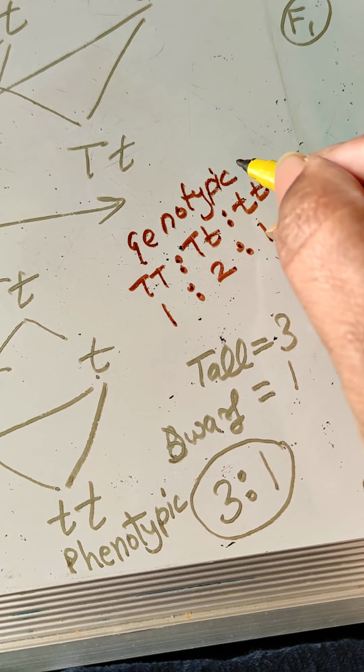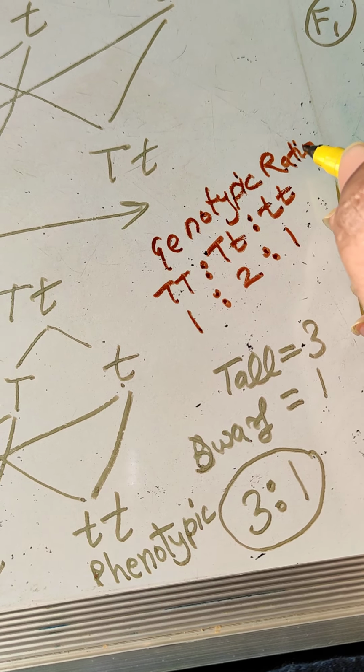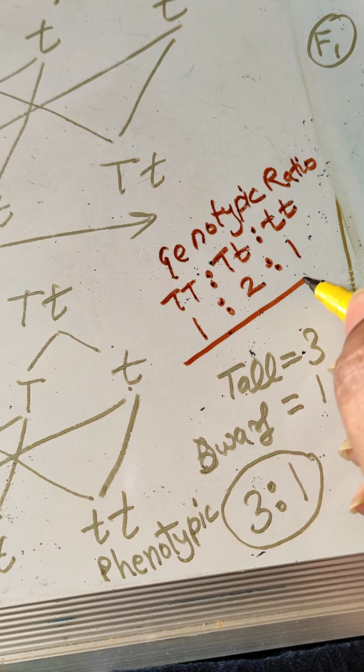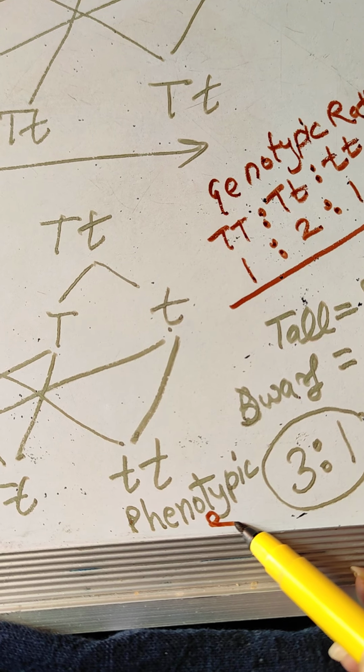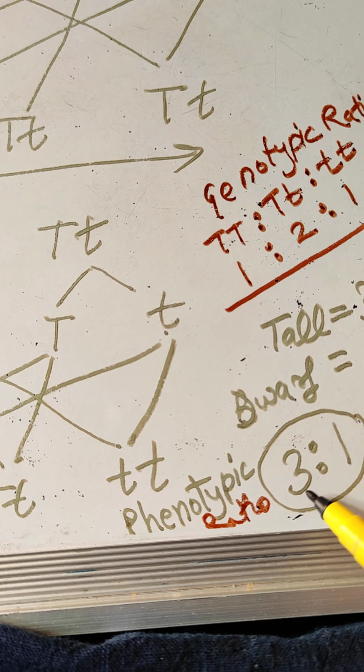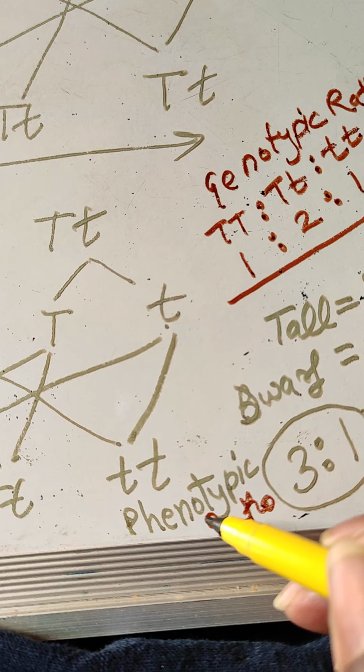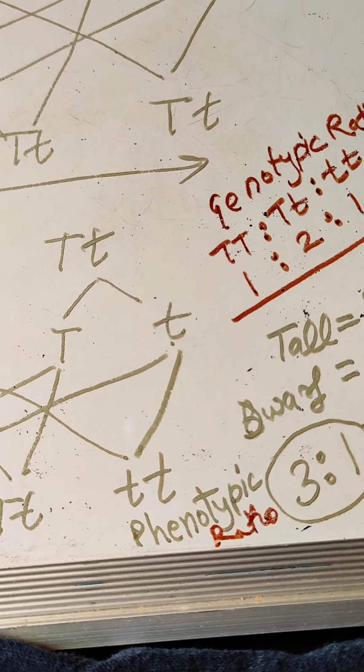So the genotypic ratio is 1:2:1, but the phenotypic ratio is 3:1.